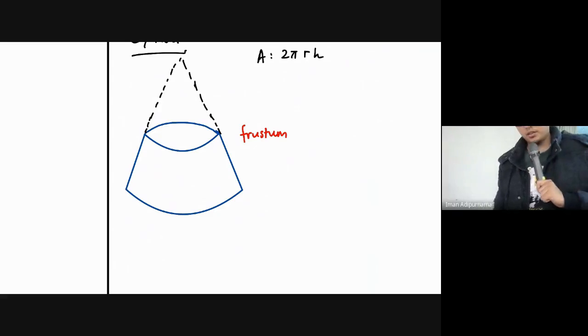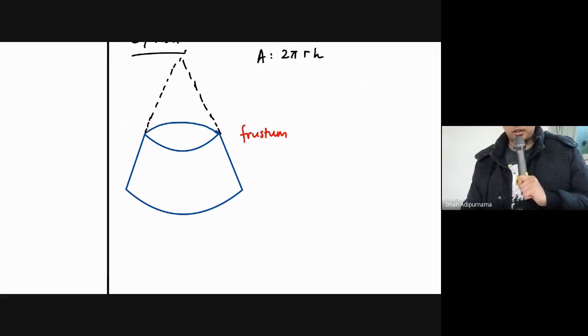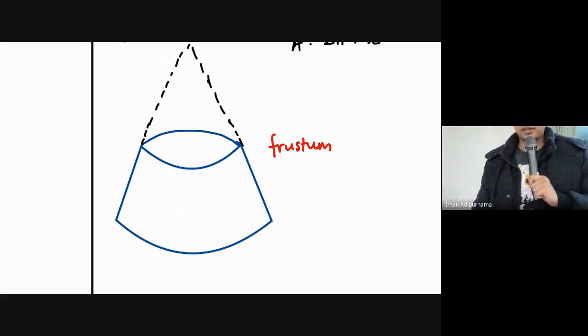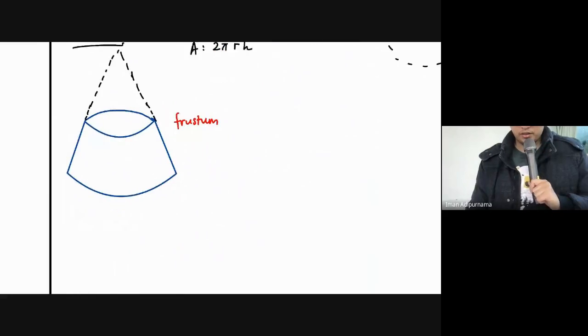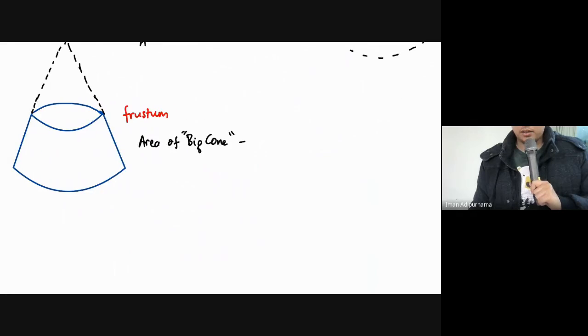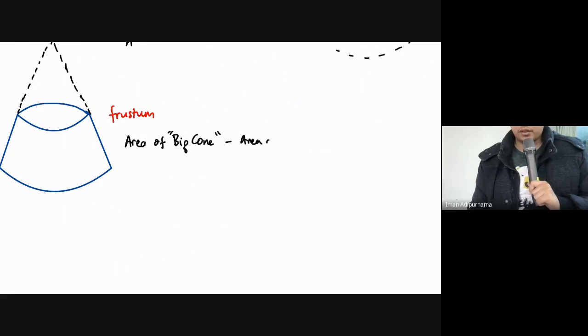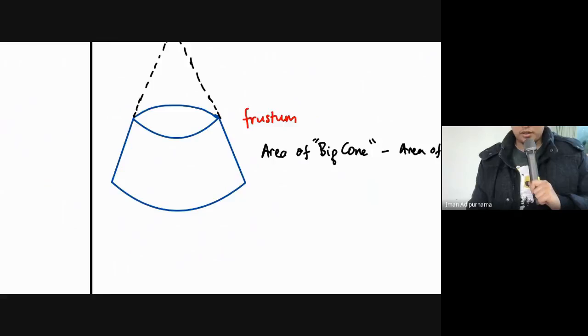To get the area of the frustum, I can write this as the area of the big cone minus the area of the small cone.